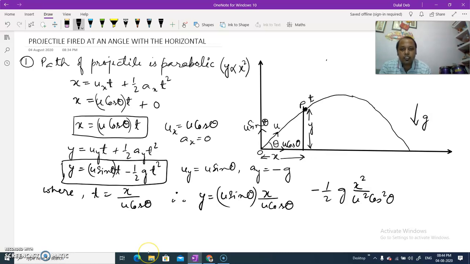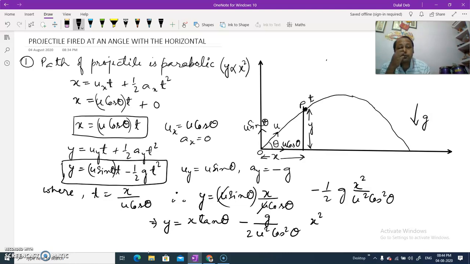So finally we can write y is equal to, the u terms cancel out, sin theta by cos theta is tan theta, so x tan theta minus g upon 2 u square cos square theta into x square.